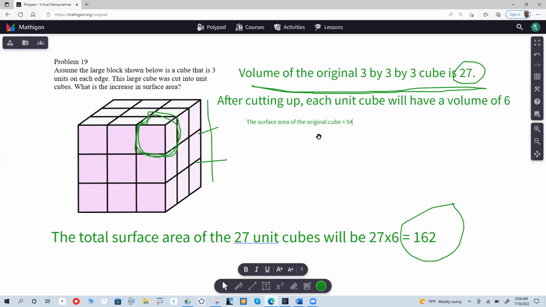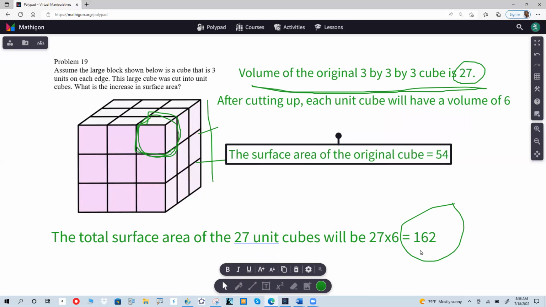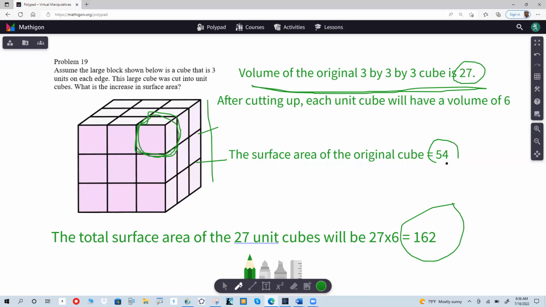Okay. And the surface area of the little cubes is 162. These are the two quantities that should be compared. 162 minus 54 is going to be my answer.